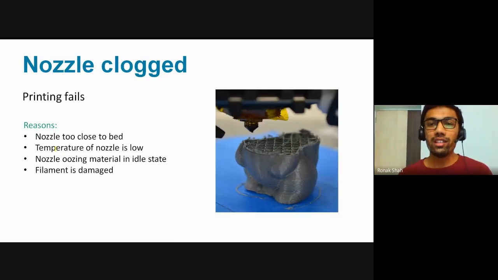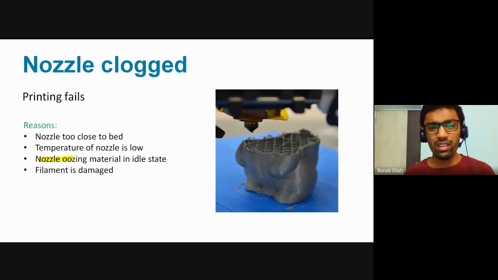The material is not at the proper glass transition temperature, and because of this the material is at a lower zone of this glass transition. So it has not completely become a fused state, and it is not able to smoothly come out of the nozzle. So either you increase the nozzle temperature and check your printing.